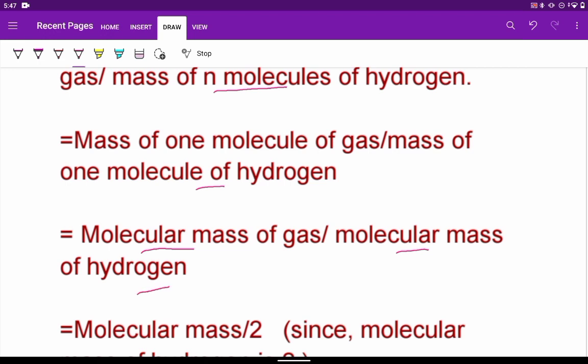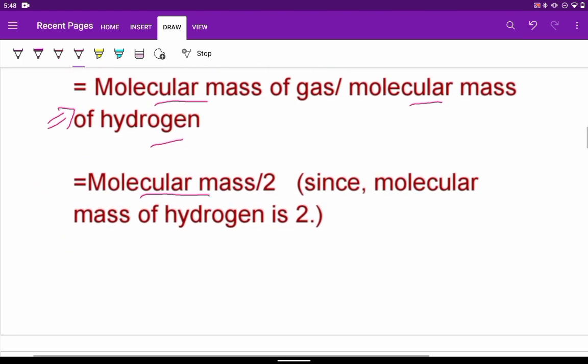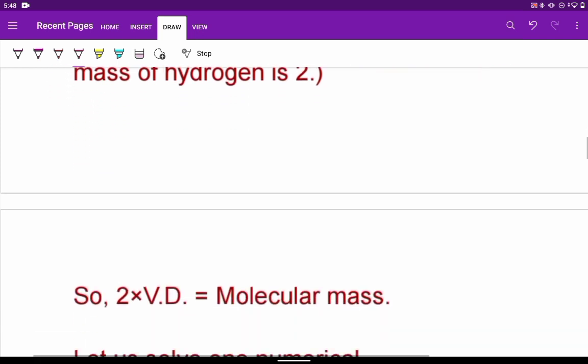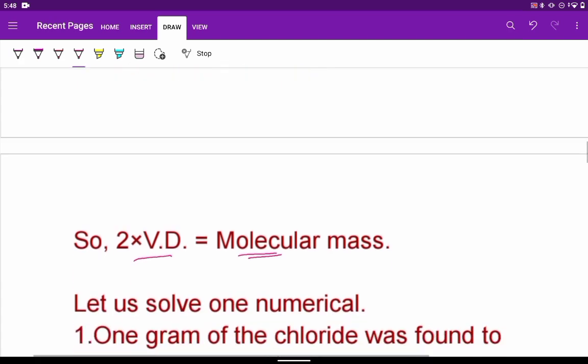Now we know that molecular mass of hydrogen is equal to 2. So this becomes equal to molecular mass divided by 2. So vapor density is equal to molecular mass divided by 2. When we cross multiply, we get 2 into vapor density equal to molecular mass.